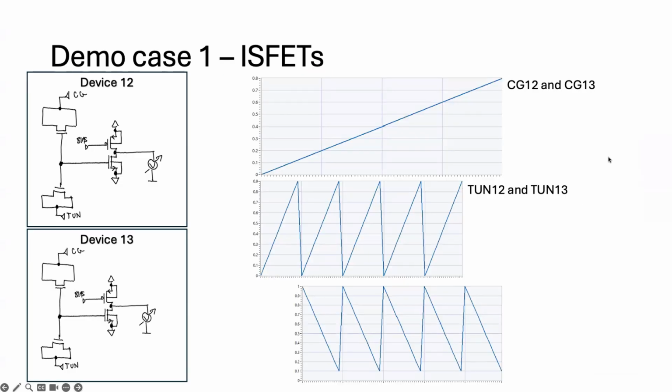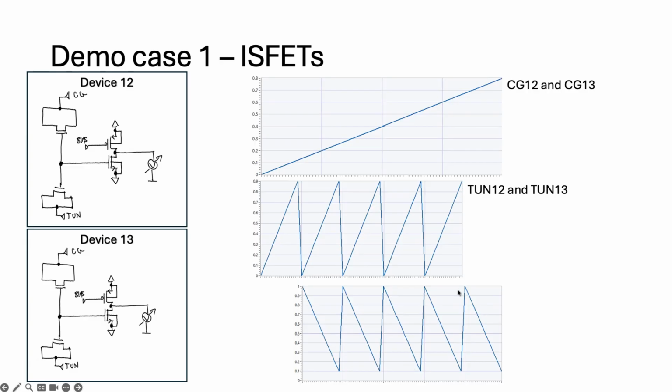Okay, so once again, this is what we do. The control gate voltage is increased during the measurement from 0 to 0.8 volts. And in each iteration, the tunneling voltage is going up from 0 to 0.9, more precisely to 1, then goes back from 1 to 0.